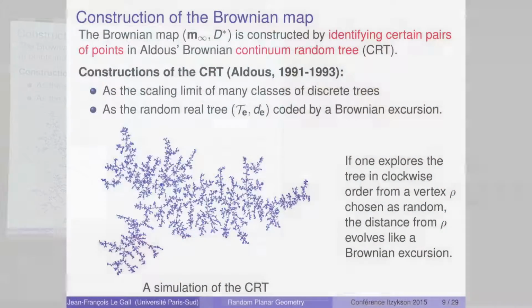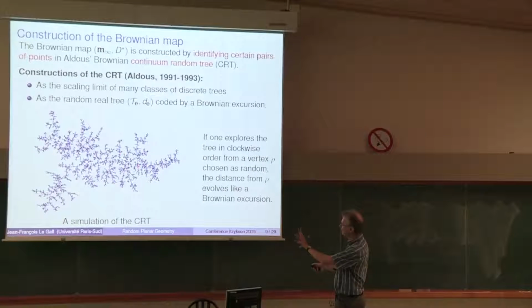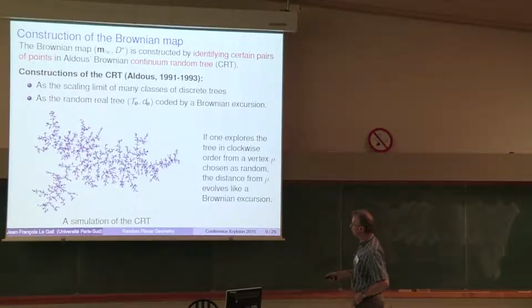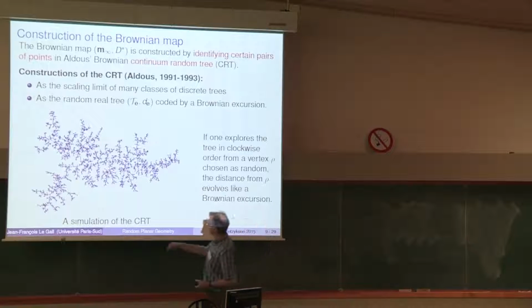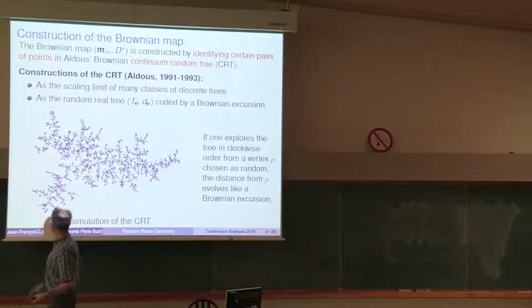Okay? Oh, so here, the simulation has come back. So this was the simulation of the CRT. And so this is, okay, so of course it's not an isometric embedding here. It gives you some intuition of what the object is. So what you really do, you identify certain pairs of points, like this, and so on. You glue the CRT onto itself, and actually it's not all.